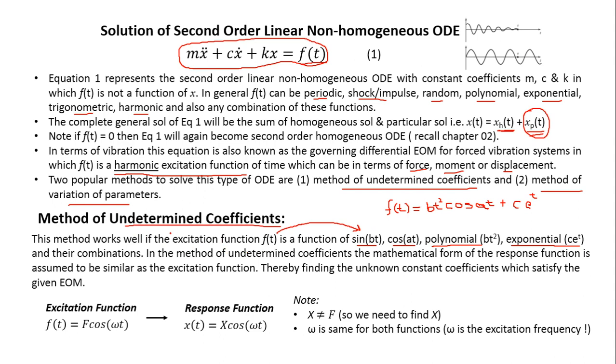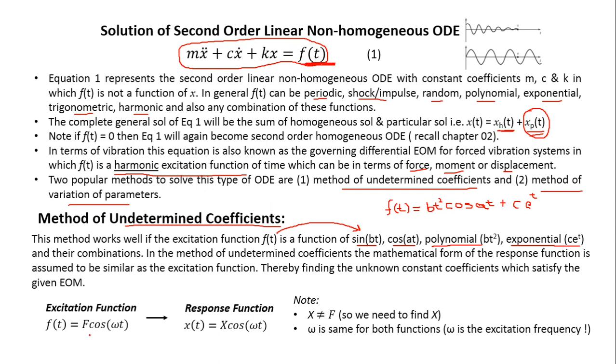And the underlying idea behind this method is that we have a good look at the form of F(t), and since we have made it very clear that we're going to consider a harmonic function as long as we are dealing with forced vibration in chapter number 3, this F(t) will be a harmonic function. So we look at the form of this function.